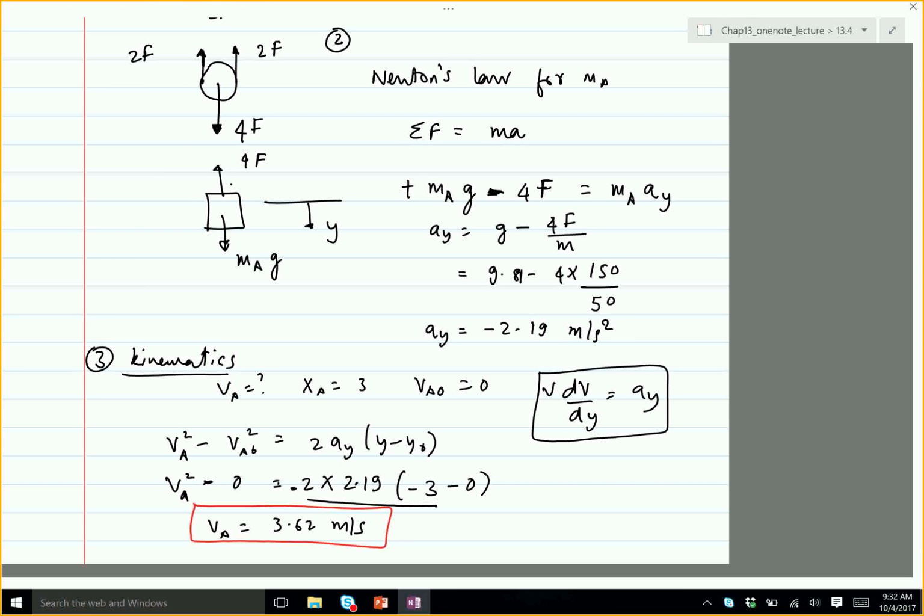Now, one place where you might want to use the formula which you use always is if F was given as a function of position. So F is constant here, right? But if F was, let's say, 150 times y, in which case your acceleration will be g minus 4F, which is a function of y.